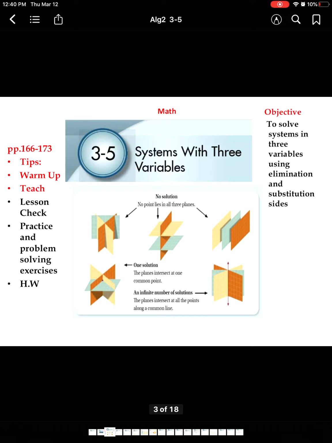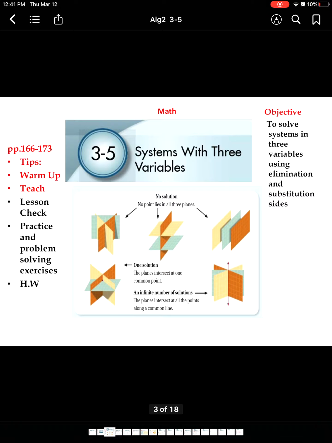Now, the meaning in graphing: as I showed you in the first slide, when I graph, I should have a point where the two lines intersect. For the systems, I'm talking about a third dimension. This means we are not in the xy coordinate plane; I am in space for the third variable.